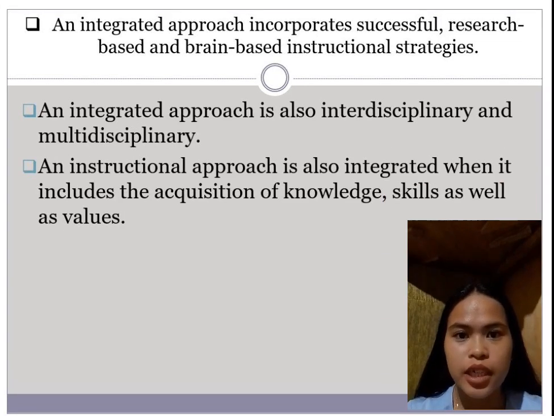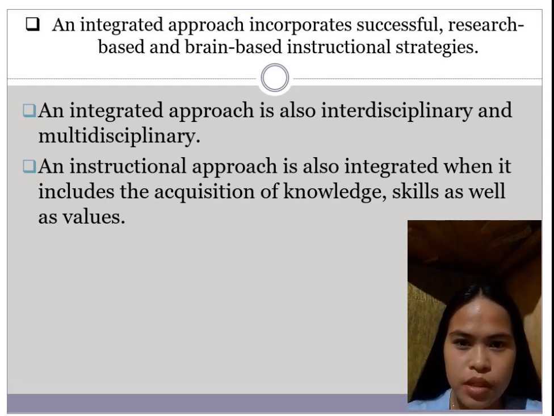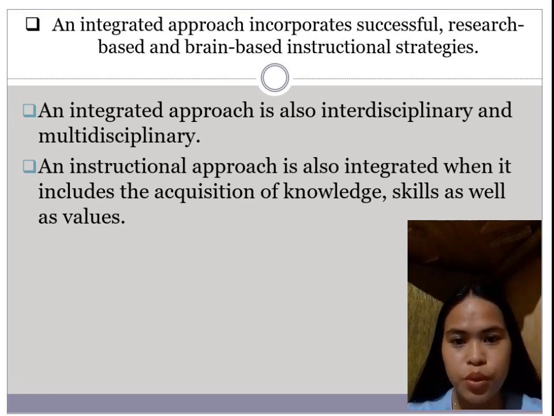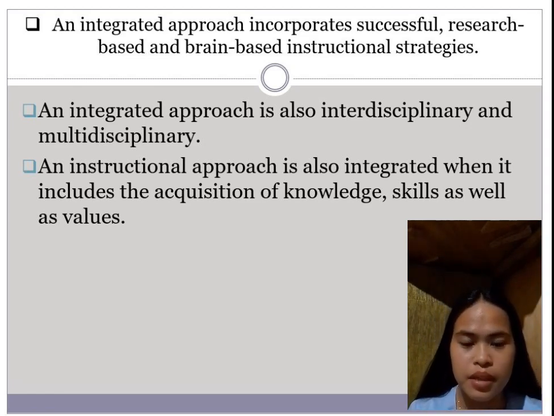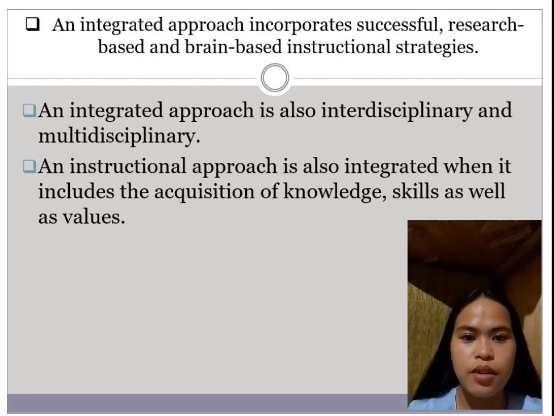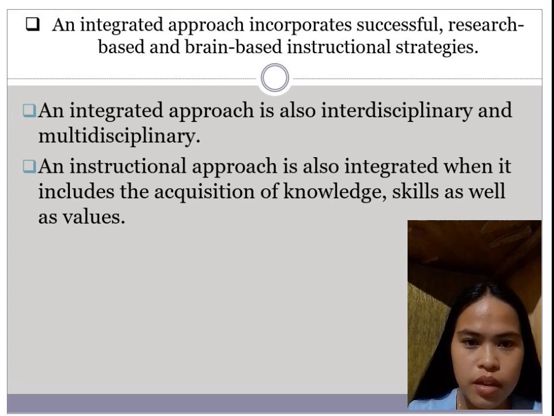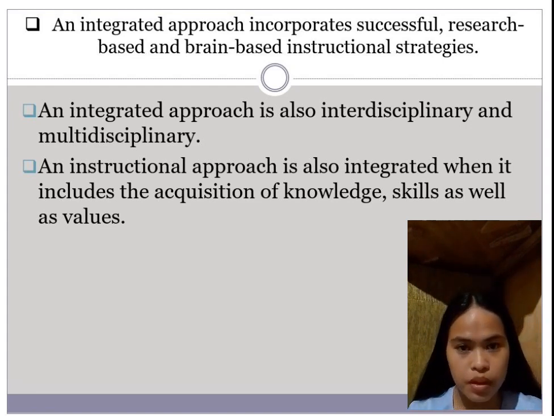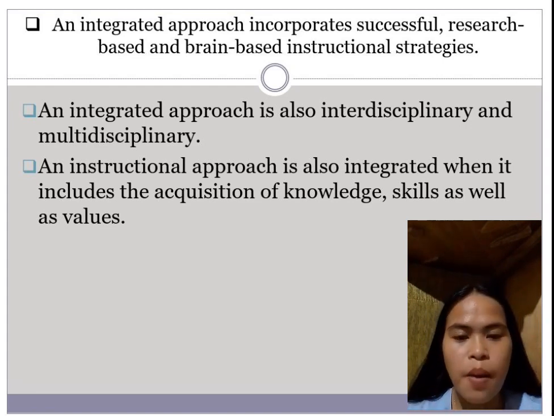An integrated approach is also interdisciplinary and multidisciplinary. For example, if you teach science, you interrelate and connect the topic like care for the environment with the kinds of pollution and global climatic changes. So this can be considered as interdisciplinary.